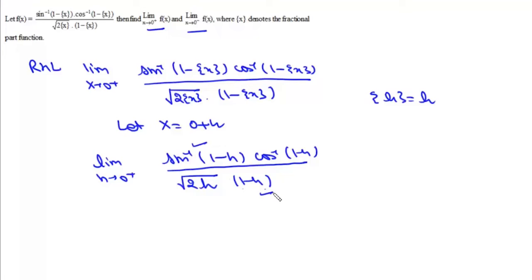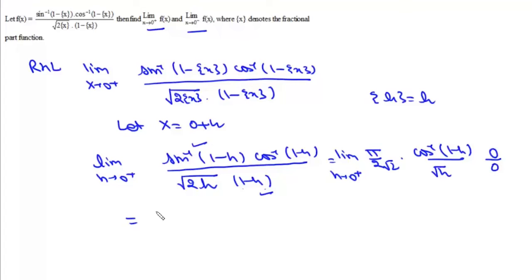So we'll put the values in these two. Then it will be sine inverse 1, which is π/2. And we also have this root 2. Now we are left with cos inverse (1 − h) upon under root h when this limit h tends to 0 positive. Now this is cos inverse 1, which is 0, and h is 0. So it is 0 upon 0 form.